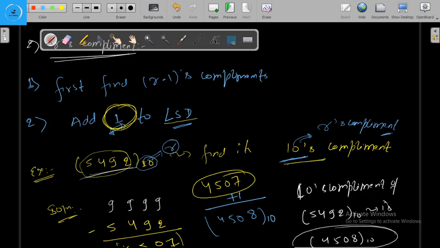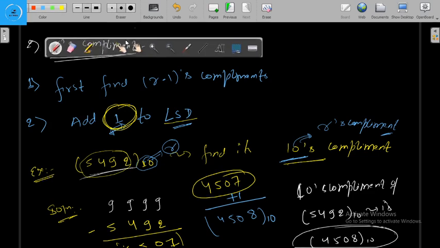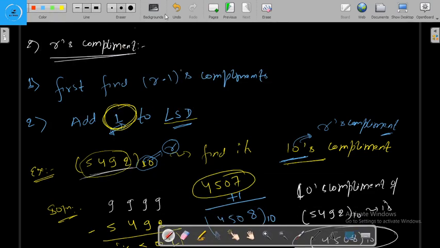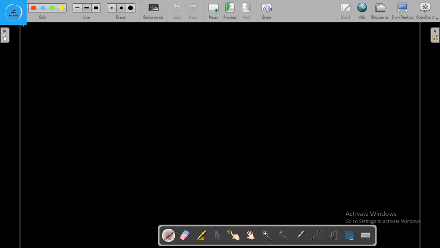So for finding the 10's complement or r's complement, we first find the r minus 1's complement, and then we add 1 to the LSD. I hope it will be clear, and we are also going to see two more examples for this.